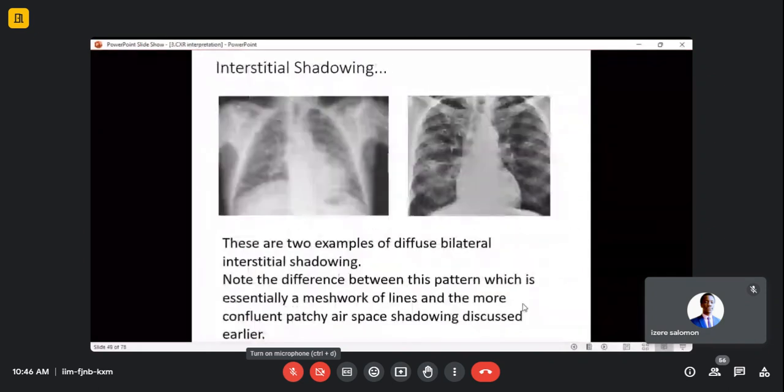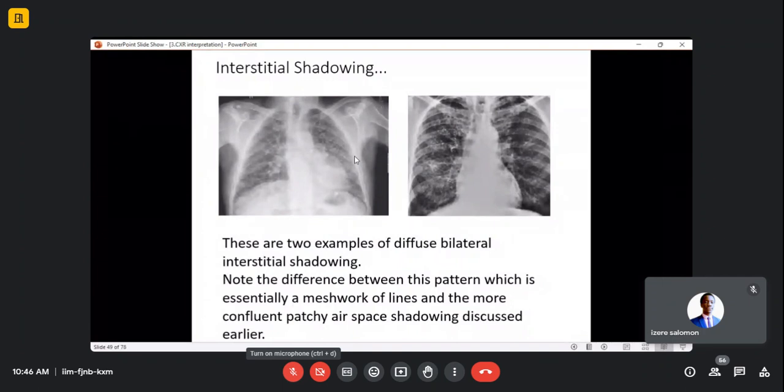Okay, so we have two images. Let us start with the left one here. Which type of opacities do you see on this one? What are you seeing here? Is it linear opacity? Are they reticular? Are they nodular? What do you think?